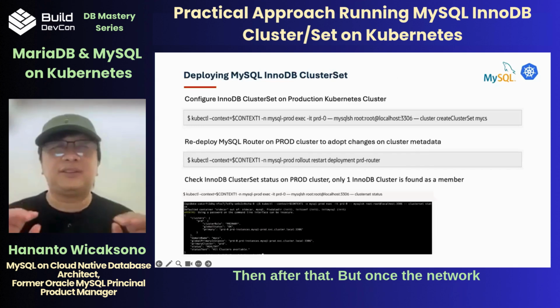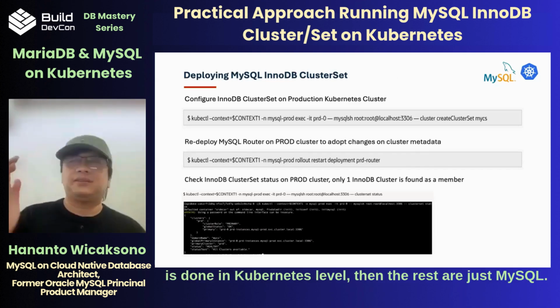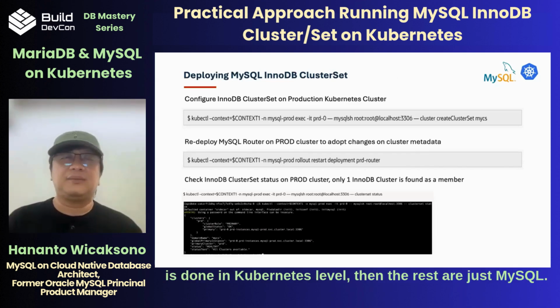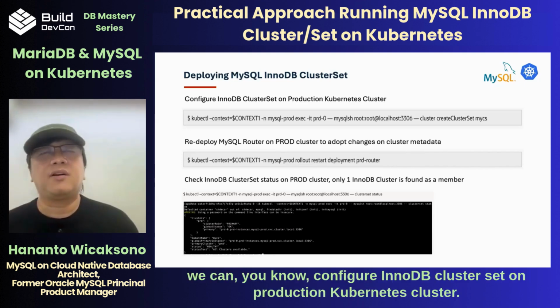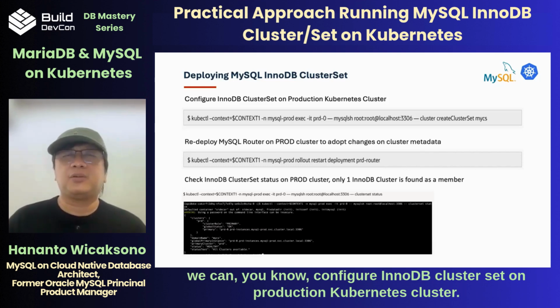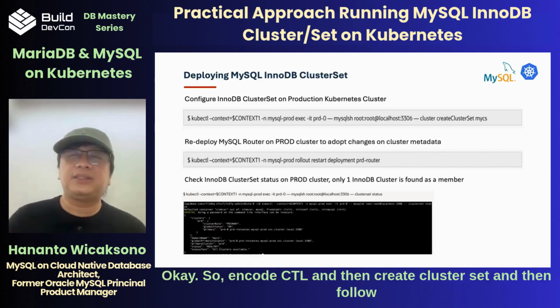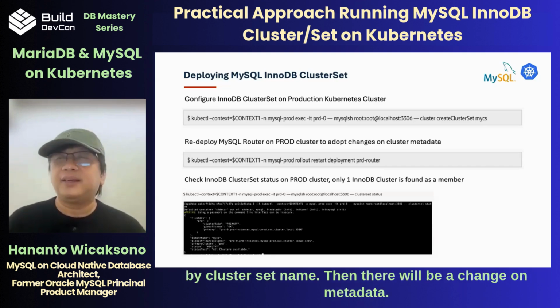Then once the network is done at the Kubernetes level, the rest is just MySQL. We can configure the InnoDB cluster set on the production Kubernetes cluster using kubectl, create cluster set followed by the cluster set name. Then there will be a change in metadata.